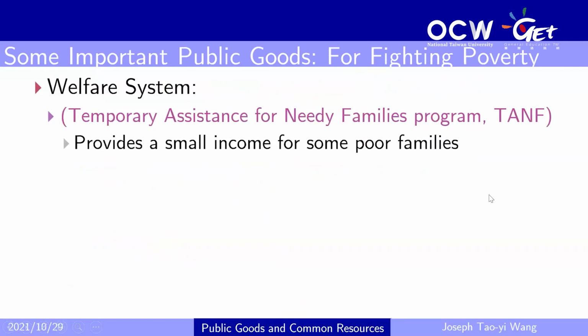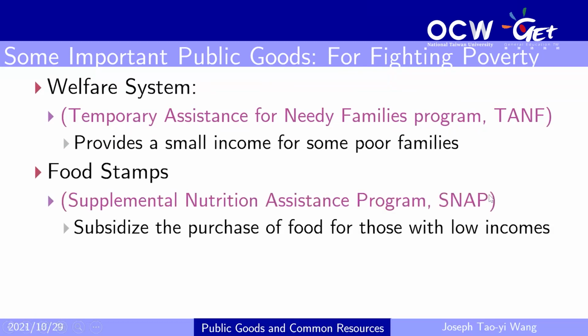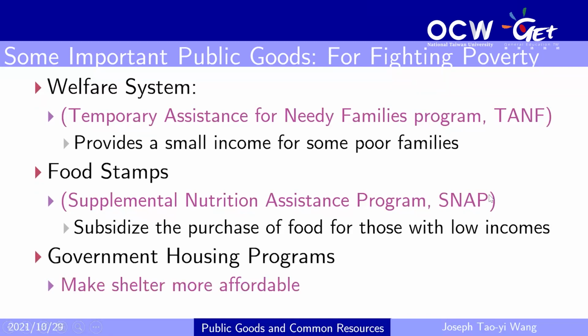Regarding anti-poverty policies, various policies that provide a welfare system, these are important anti-poverty policies. But reducing poverty itself is a public good. Well, okay, in the US they have these subsidies for poor families. There are food stamps that subsidize low-income families to buy food that's essential to their family and their children.